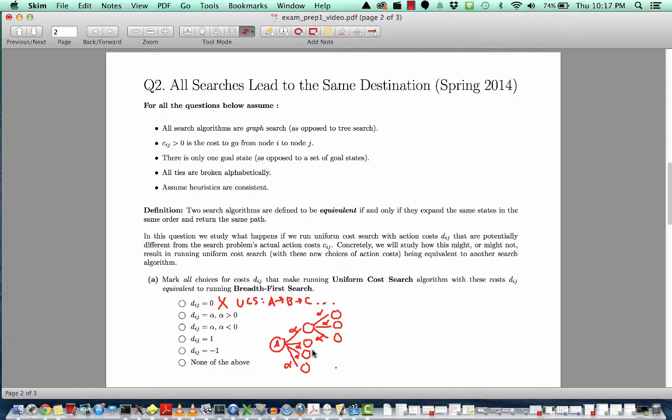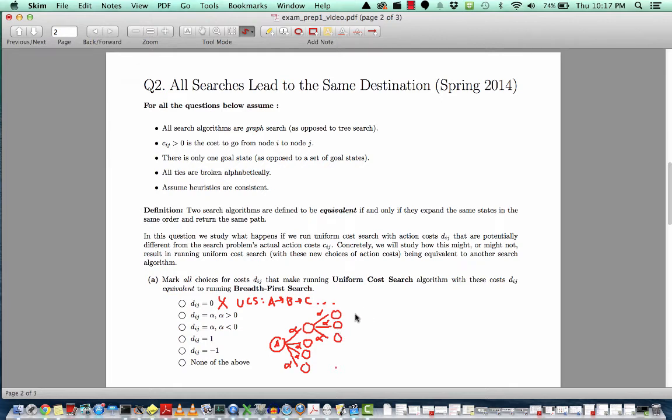In this case, uniform cost search will expand nodes and take nodes off of the fringe based on their lowest cumulative cost. Therefore, it will expand all the nodes in the first depth first because all of these have a value of alpha, then all of the nodes in the second depth because all of these have a value of 2 alpha, and so on in future depths.